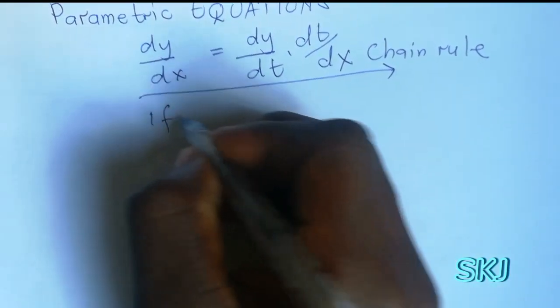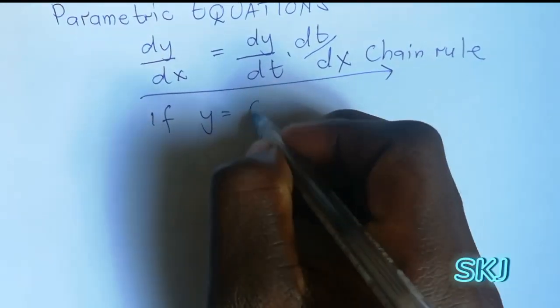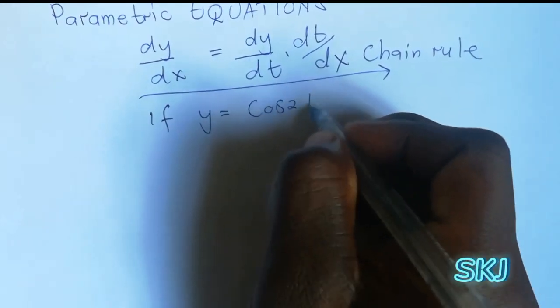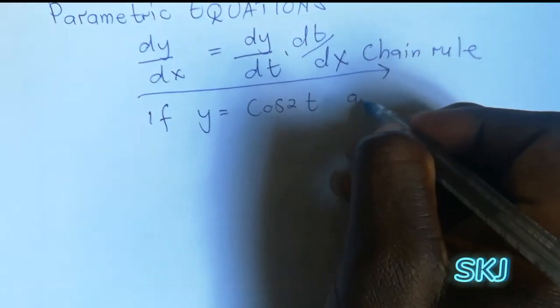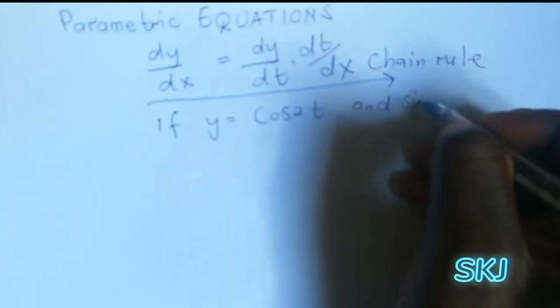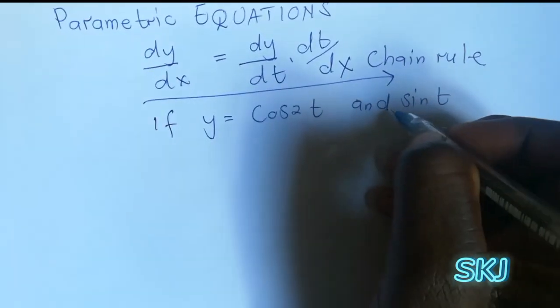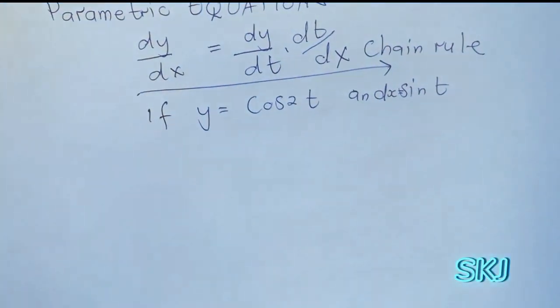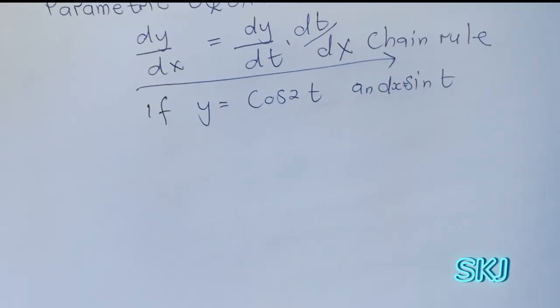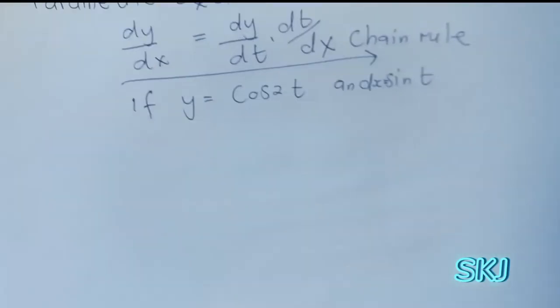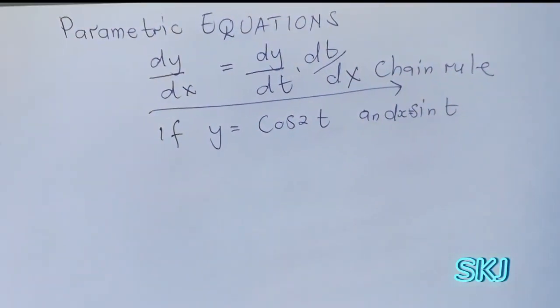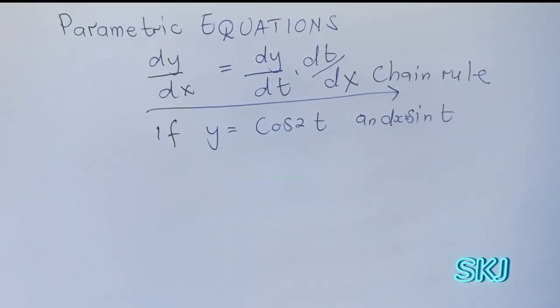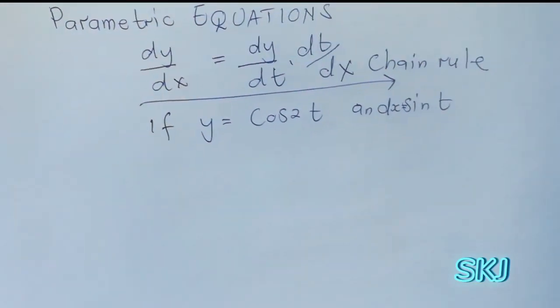If y is equal to cos 2t and x is equal to sine t, in this case we shall be required to find a second derivative.